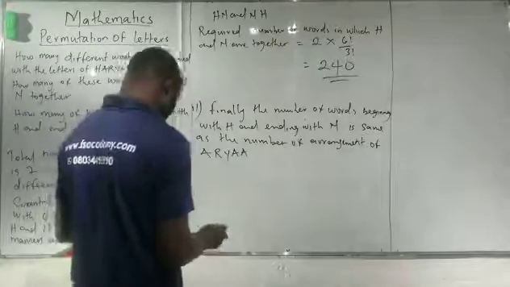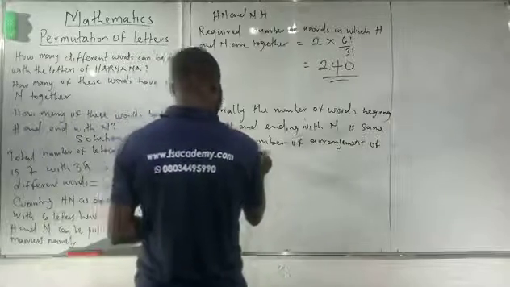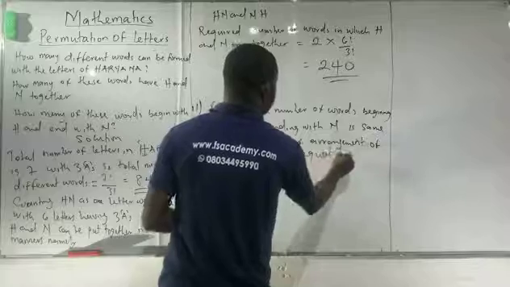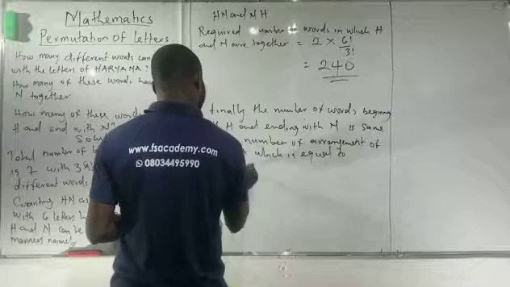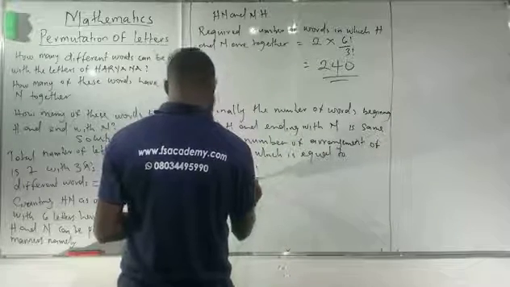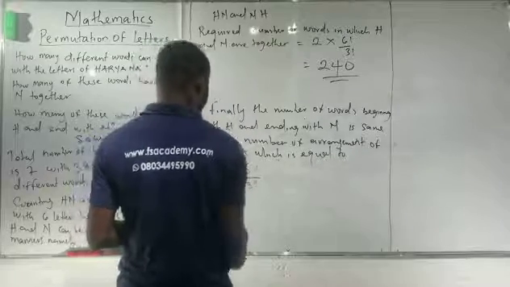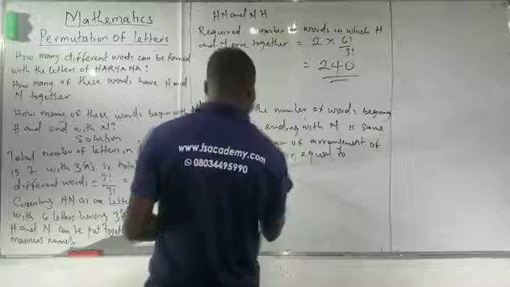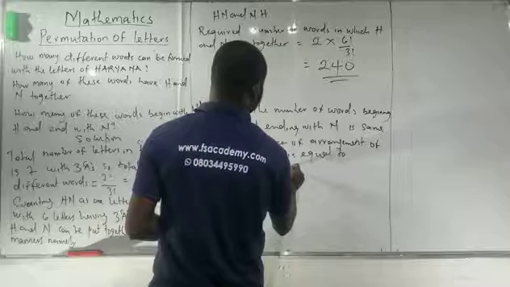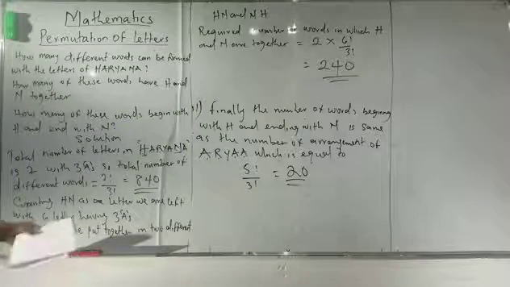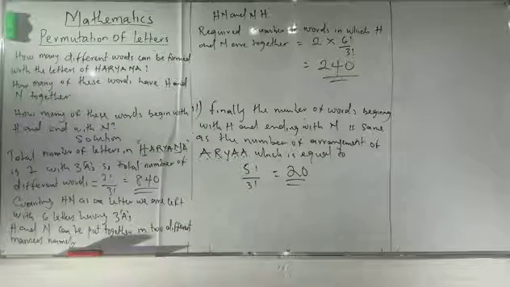Now, once I have this, which is equal to 5 factorial all over 3 factorial. 1, 2, 3, 4, 5. Yes. Now, which will be equal to what? 20. That is all. That is all you have to do on that part.